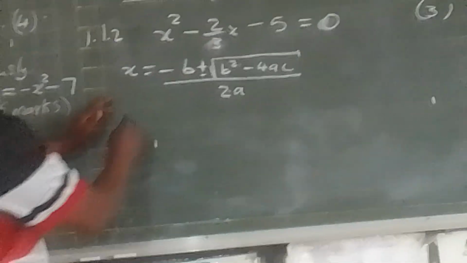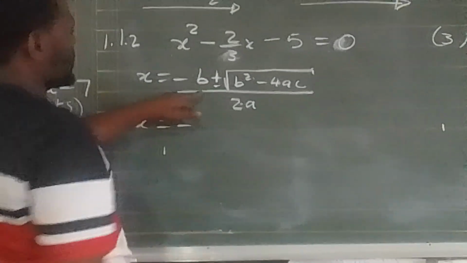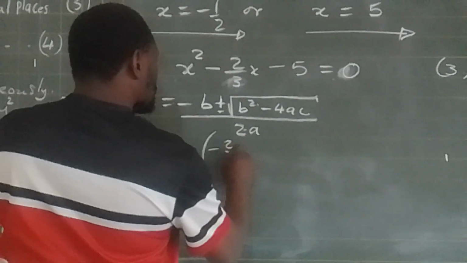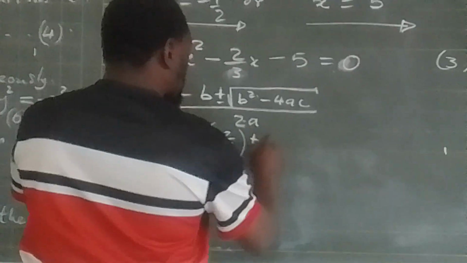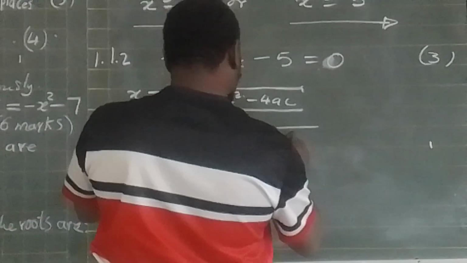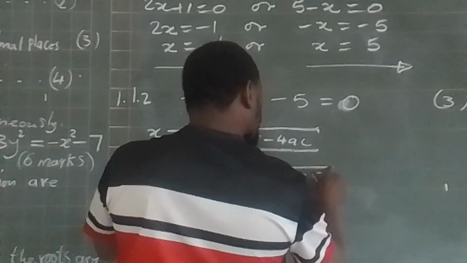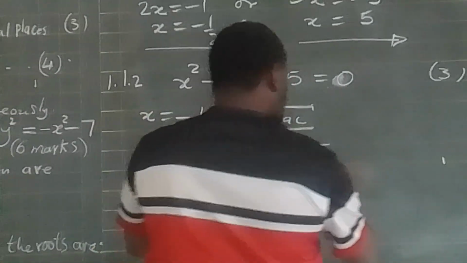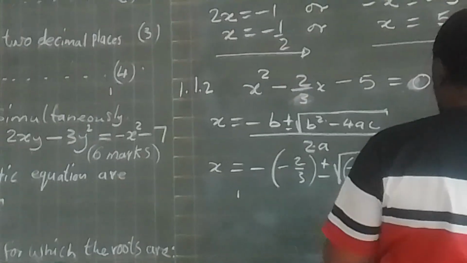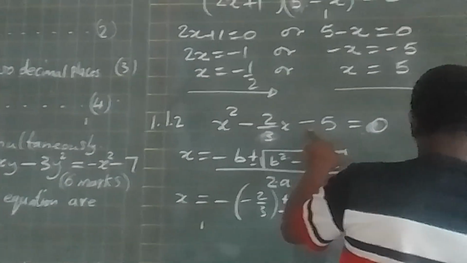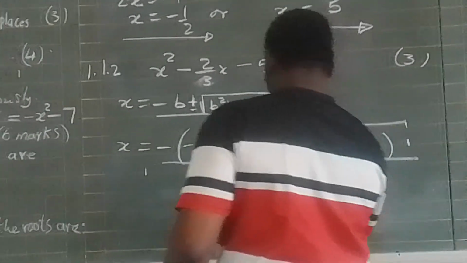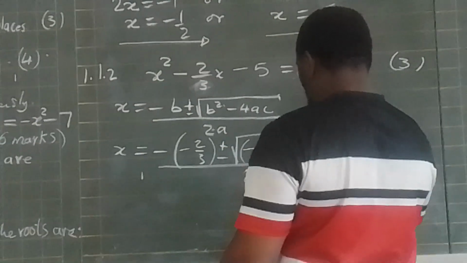Your a is 1 here, then the value of x is minus, what is your b? b is minus 2 over 3, minus into minus 2 over 3, plus minus a square root of b squared. To take the very same negative 2 over 3, you square it, minus 4ac, minus 4, your a is 1, your c is minus 5. This is all over 2a, and your value of a is 1.